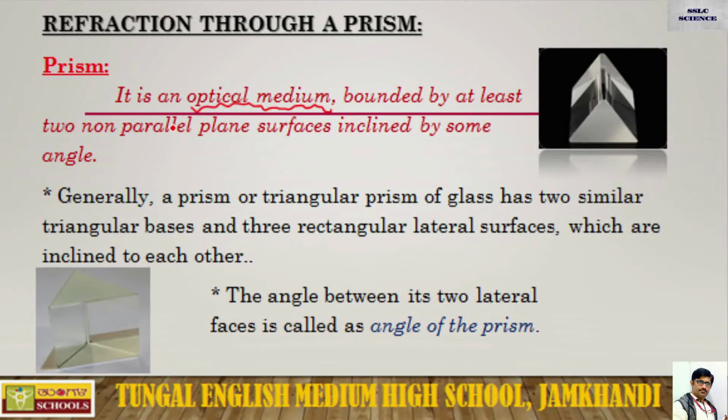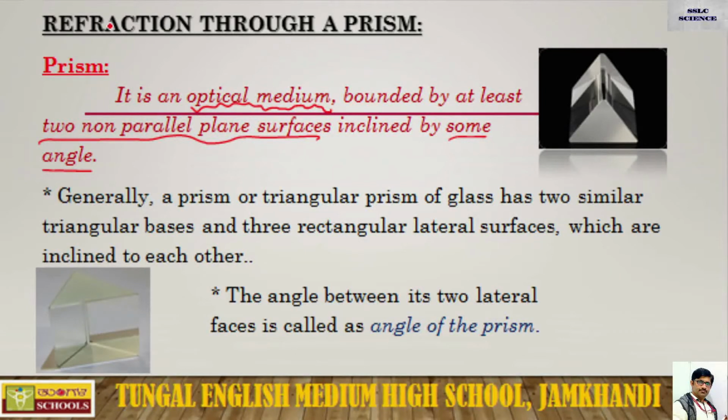It is an optical medium bounded by at least two non-parallel plane surfaces, inclined by some angle. This is called a prism. This is a must: at least two non-parallel plane surfaces inclined by some angle.